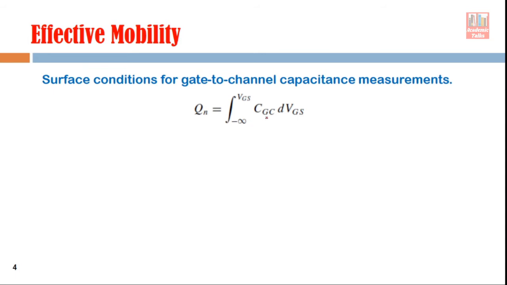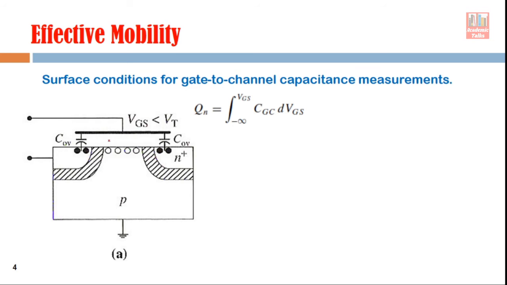So that factor is taken into account here. So the Qn is used like this. It's the integration of gate channel capacitance, and the limit is the gate voltage changing from minus infinity to some given value, right? That kind of expression gives us a more accurate value of free electron charge in the channel region, right?